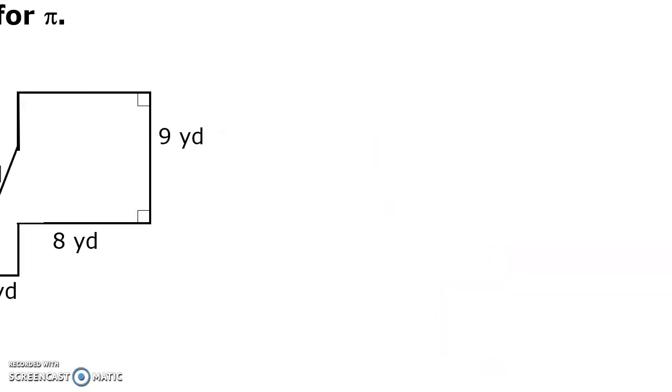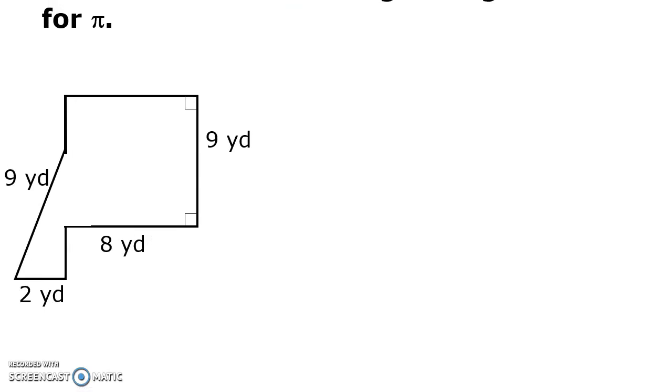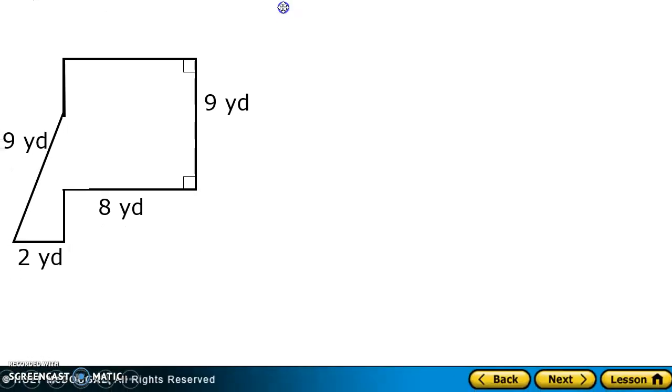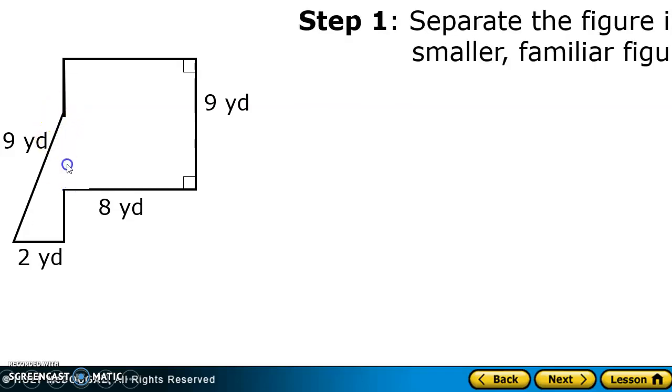Moving right along, here is another irregular figure. And it looks like we have a triangle. So if we were to make a dotted line going right down here, we'd have a triangle, and then we have a rectangle.